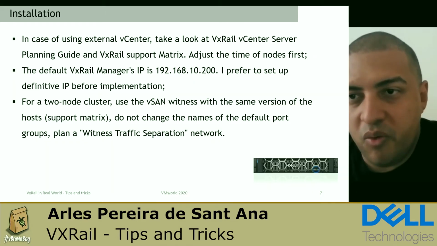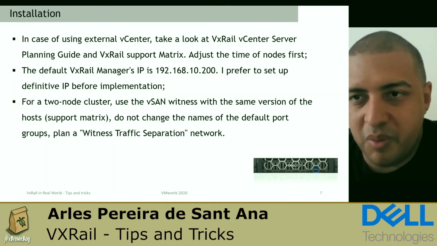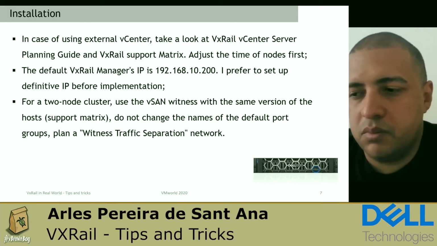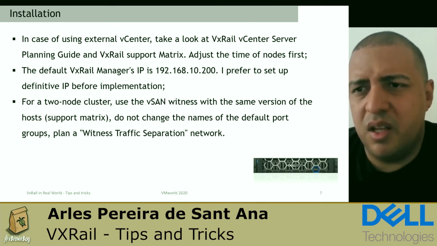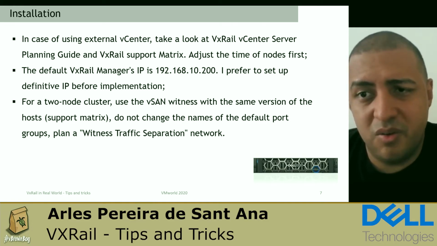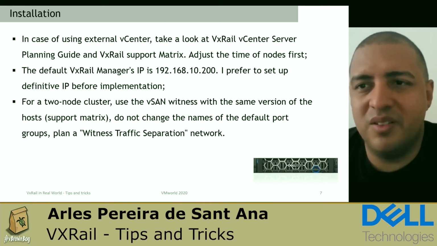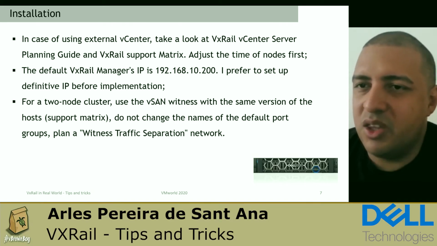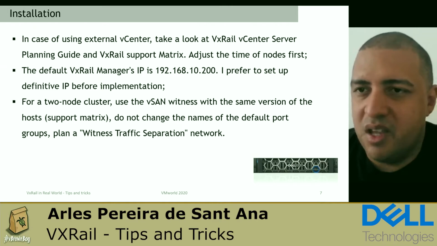It's not well covered in the training for implementation of VxRail. If you take the VxRail implementation course, it's a small portion of the course that talks about 2-node clusters, but a 2-node cluster is a little difficult to put in production because the documentation is simple and does not cover all aspects.